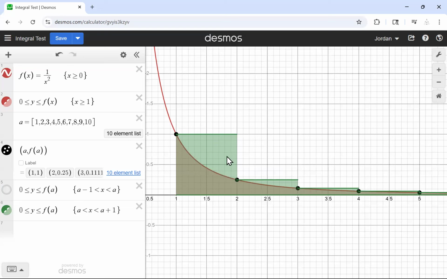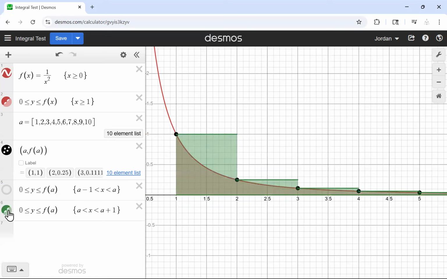So if we integrate, integration gives me the area under this curve. If I draw the rectangles one way, I can see that all but one rectangle is under the curve. Therefore, we have a finite area if my integration is finite.